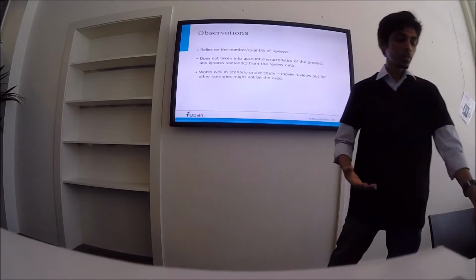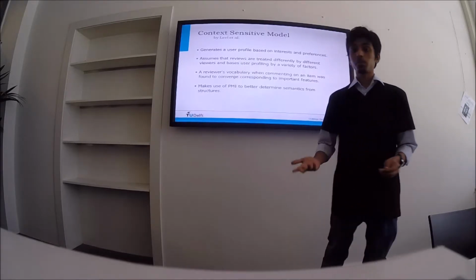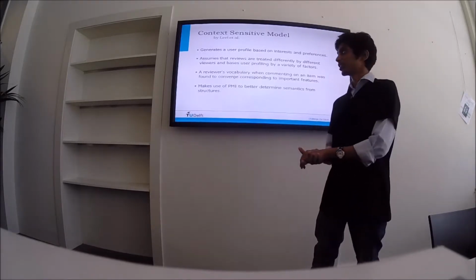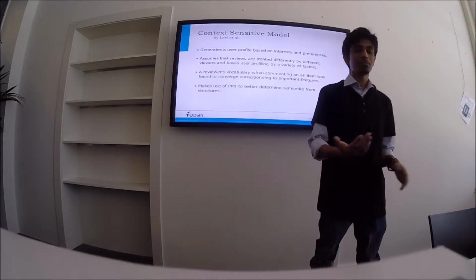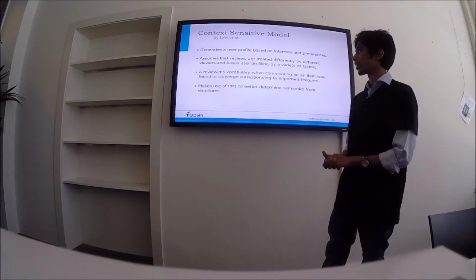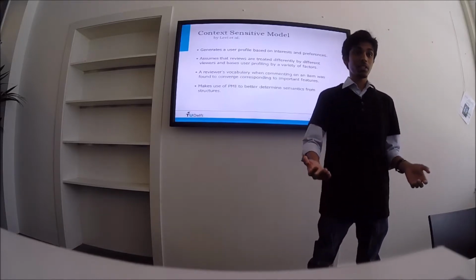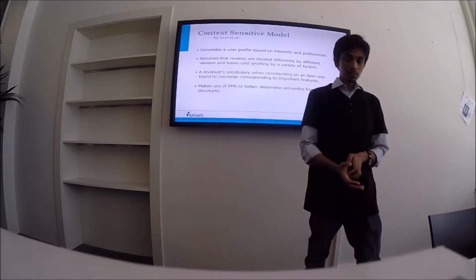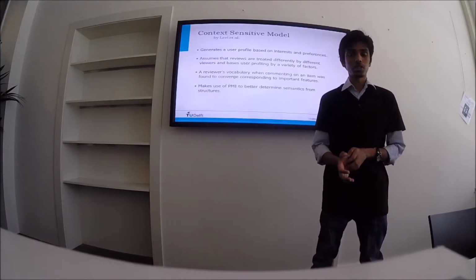So how can we tackle this? The context-sensitive model, which was proposed by Leva et al., is a very recent work and is to be cited more often later on, I guess. The context-sensitive model, just like I said, generates a user profile to better know the preferences of users.